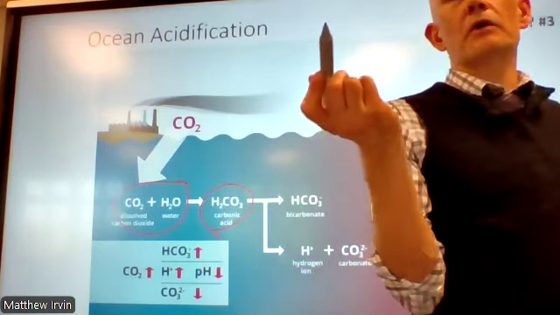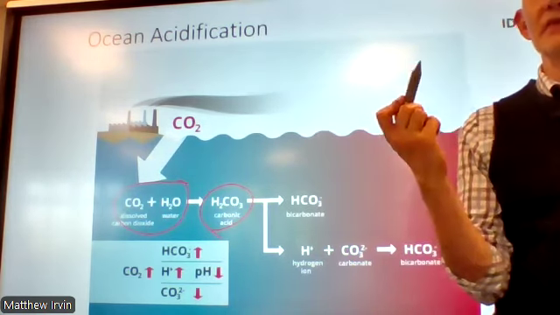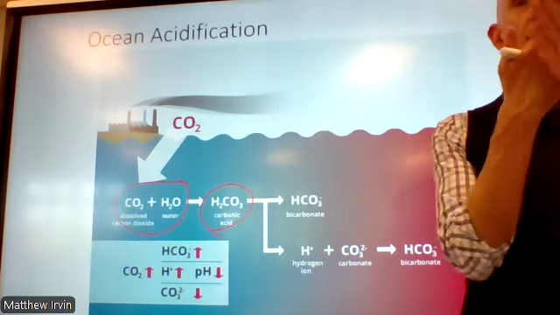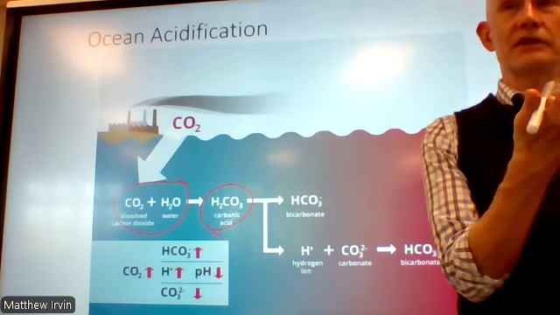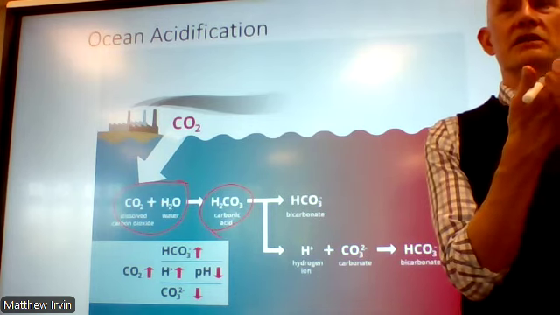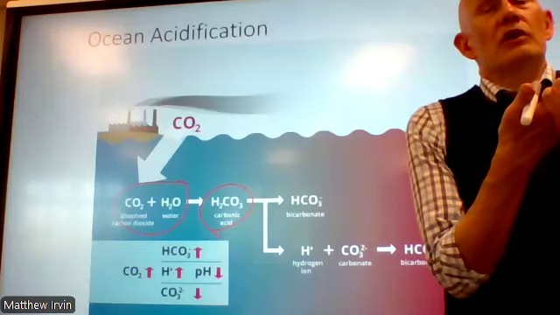Ocean acidification, this is when we have carbon dioxide and water form carbonic acid. So this goes to your rainwater question. In the atmosphere, carbon dioxide mixes with the water in the atmosphere, it becomes carbonic acid and is slightly acidic. So that's normal.